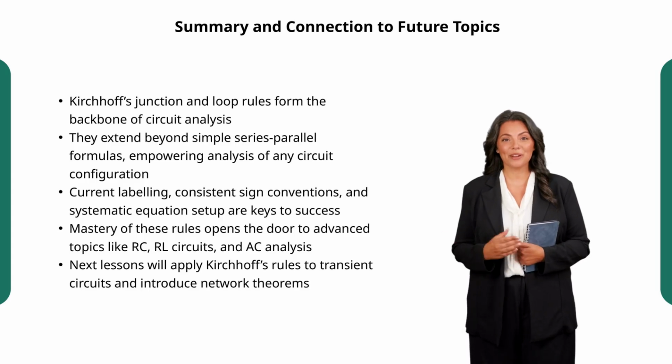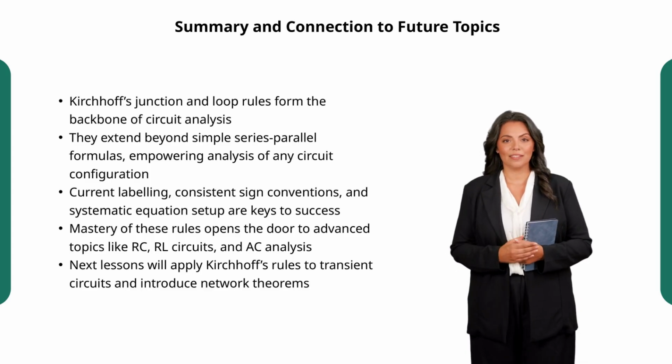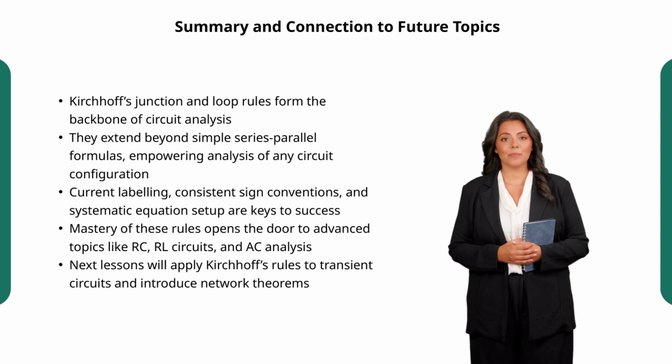We've journeyed through the foundational principles and applications of Kirchhoff's rules today. We started by understanding the necessity of these rules beyond simple resistor combinations, then learned how to label currents and potential differences accurately. The junction rule reflects conservation of electric charge at nodes, while the loop rule embodies energy conservation around circuit loops.